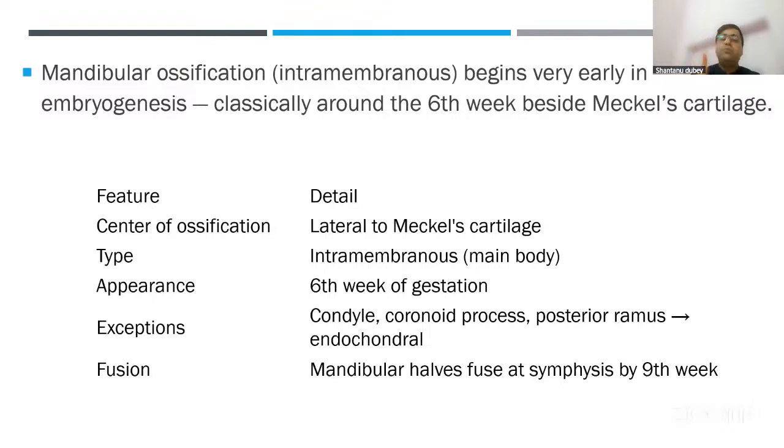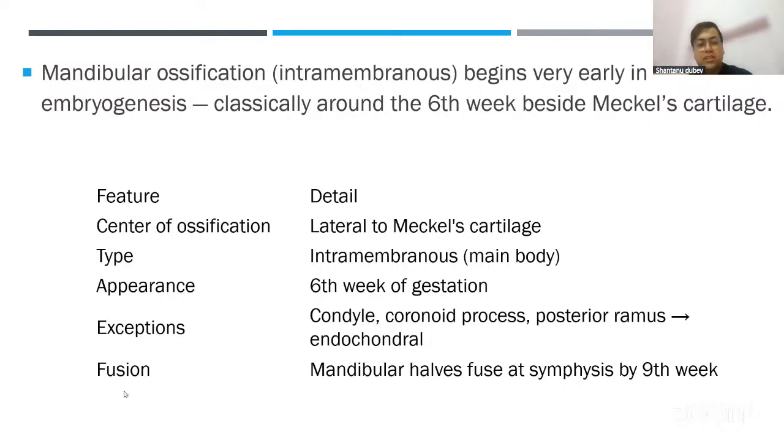If it had been the Meckel's cartilage which got ossified, then it would have been endochondral. Chondral means cartilage, right? But no, ossification is lateral to it, beside it. So the Meckel's cartilage is basically serving as a supportive structure lateral to which ossification is happening.